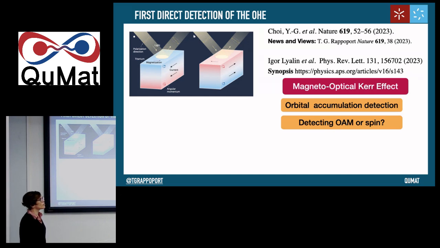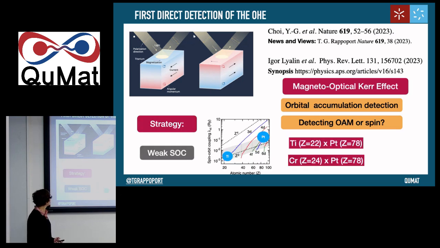And the main strategy so far in metals has been to use very light metals with very weak spin-orbit coupling. So if anything is detected, we can rule out the effect of spin-orbit coupling. This is what was done in the first direct experiment using MOKE, where they have a current, they generate the orbital Hall effect, and at the surface they look with MOKE at the magnetization.